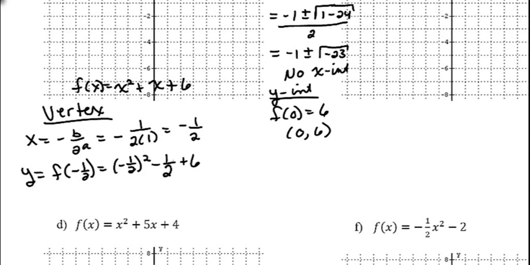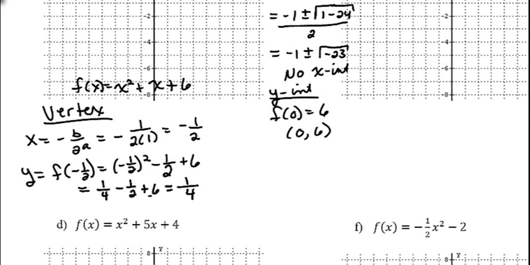So again, if you're plugging this into your calculator, make sure that you include the parentheses around that negative 1/2 so that you get the right value. So negative 1/2 squared is a positive 1/4, and then we have minus 1/2 and plus 6. I need to find a common denominator, and the common denominator is going to be 4.